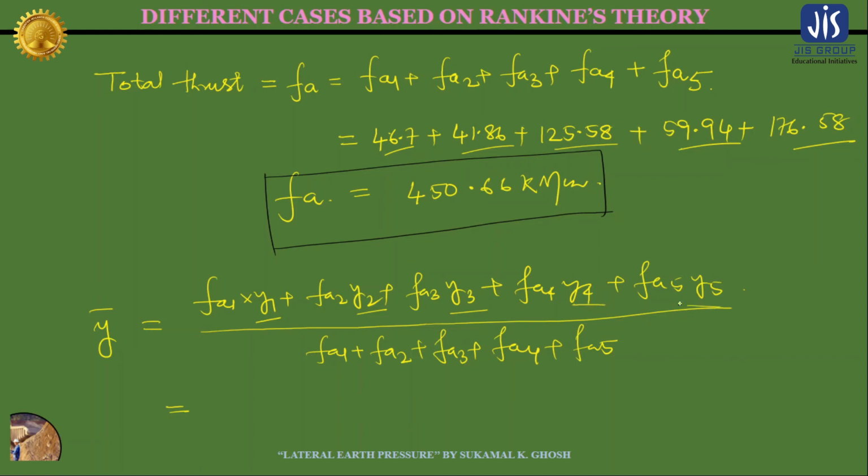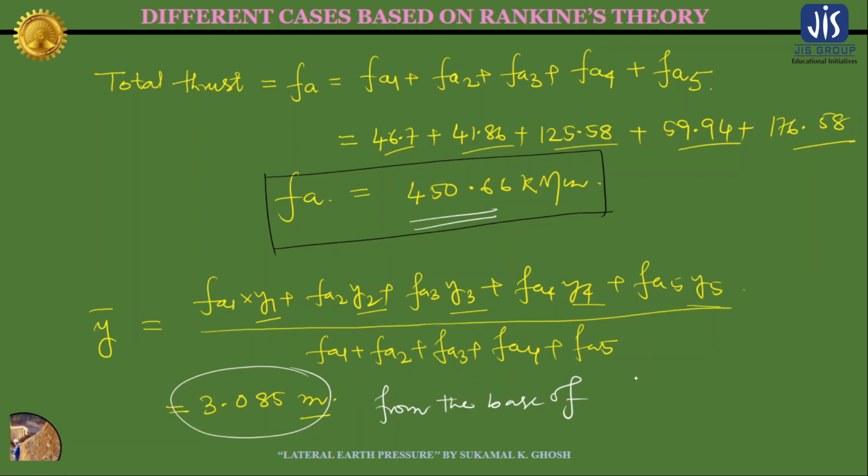If you put all the values here, you will have this y bar equal to 3.085 meter. Okay, it means the total thrust is 450.66 kilonewton per meter, which is acting at a depth of 3.085 meter from the base of the retaining structure.